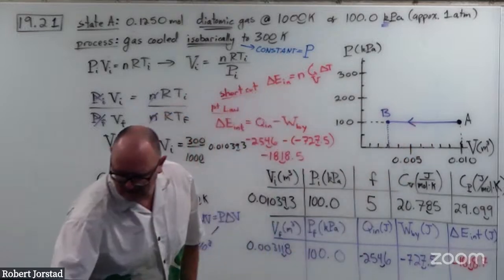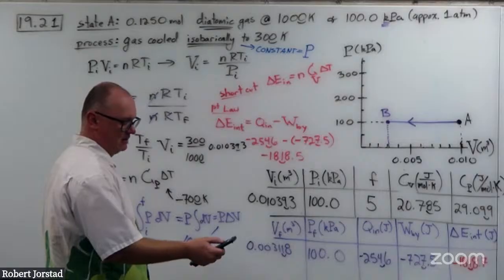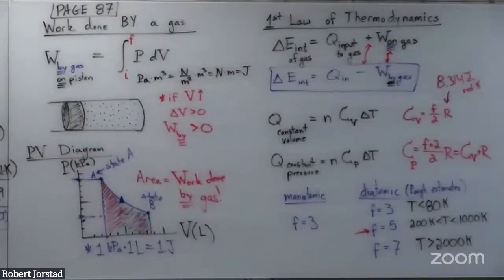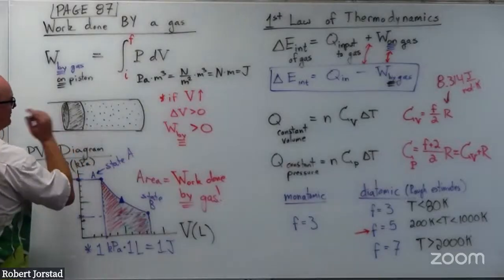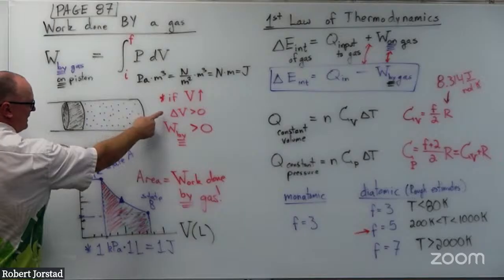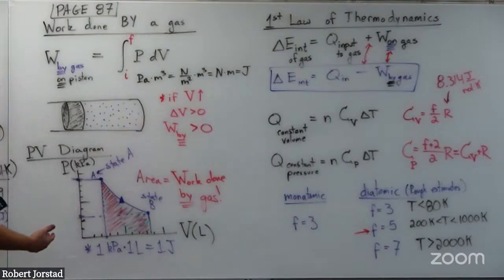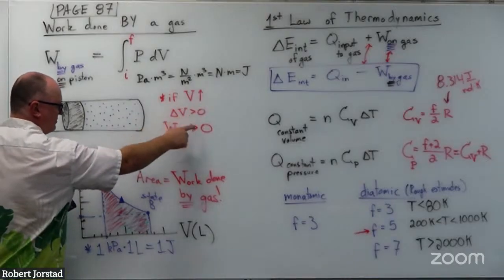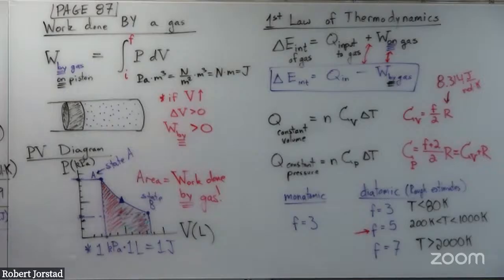This matches up with what we see over here on board 2. When the volume goes up, typically delta V is greater than 0 and work done by is greater than 0. If the volume goes down, we expect these signs to flip. Delta V would be negative, work done by is negative.